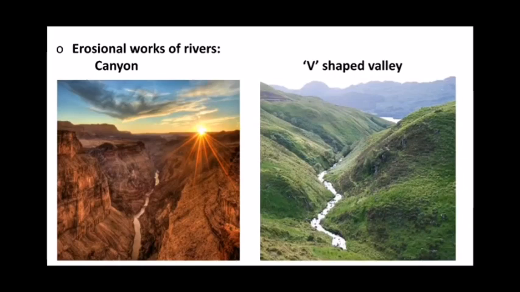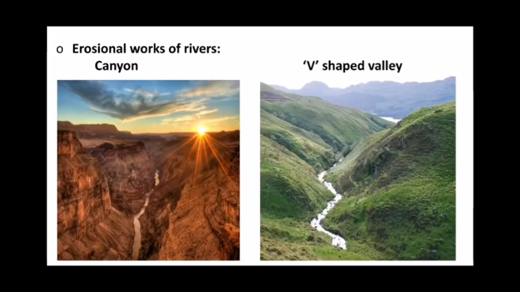So, how does a river play an important part in eroding the material that it passes through? Children, the rivers originate at a much higher altitude. That is, rivers are mostly found near the mountainous regions, above sea level.